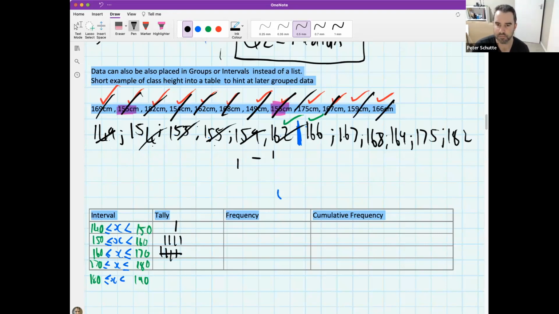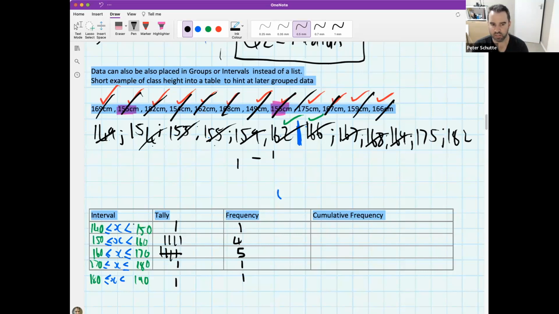And then there's 1 here and 1 here. And so we say the frequency column says there's 1 item in this interval. There are 4 items here, 5 items here, 1 item here, 1 item here. And so this is called a frequency count, or how many items are in this interval.